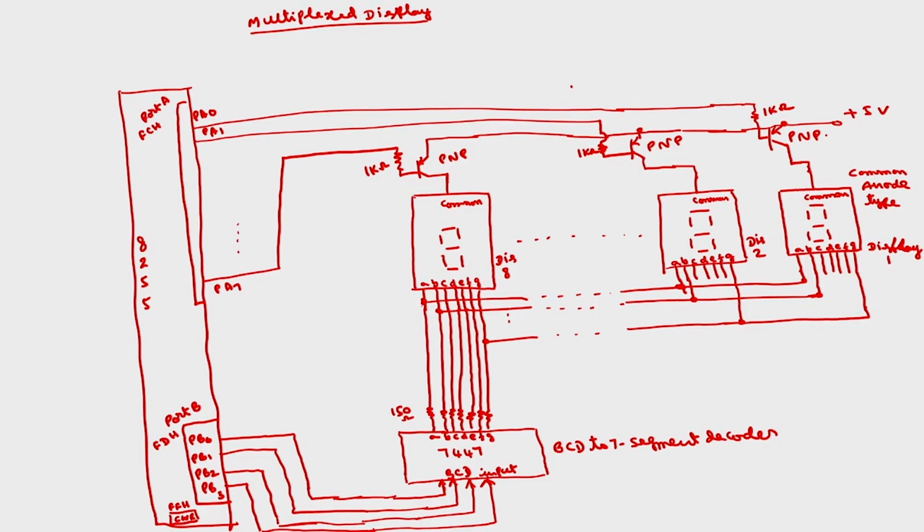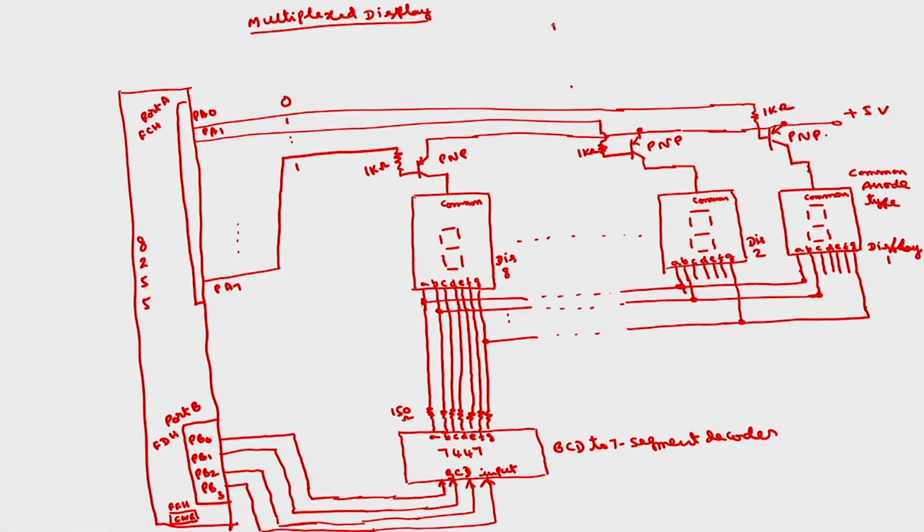Now the procedure is this: first I will send a logic 0 on PA0 and make the remaining bits 1.